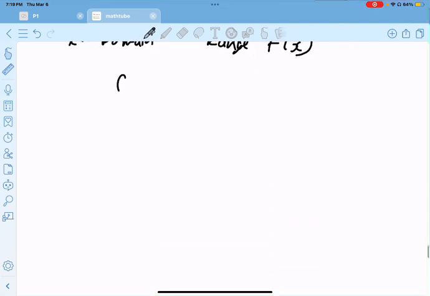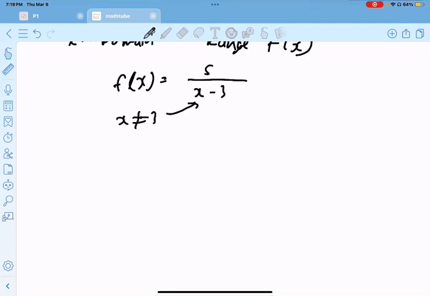Let's give an example. f(x) equals 5 over x minus 3. Now, the domain: x cannot be equal to 3, because if it is 3, the denominator would be 0, and 5 over 0 is infinity, which is not possible, so that is the domain.